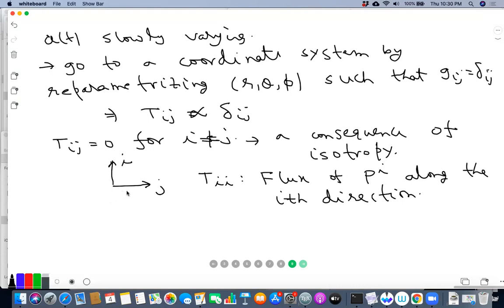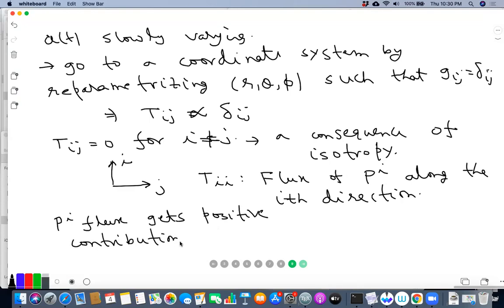So effectively the pi flux gets positive contribution from both objects or particles moving towards the ith direction.